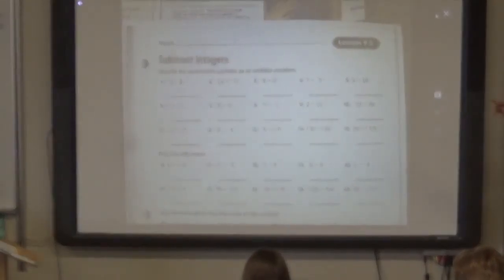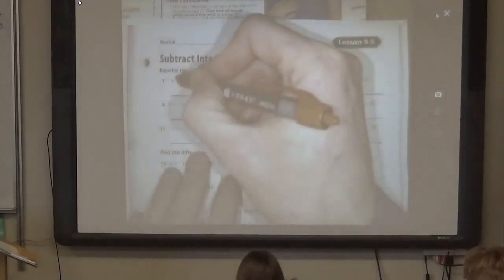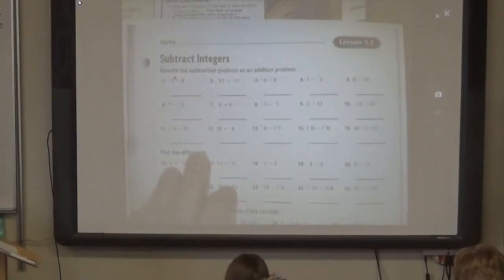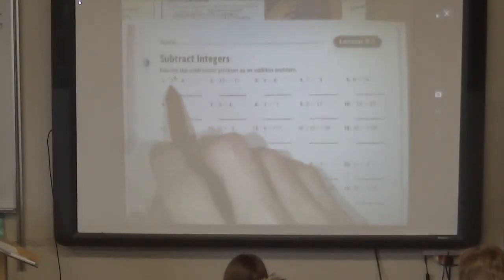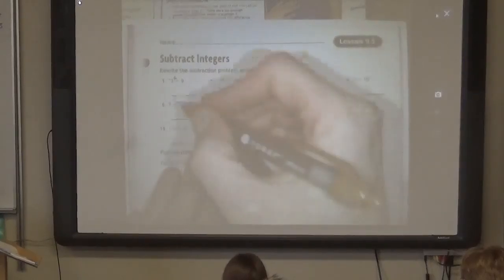It starts with -1 minus 9. Where should we put the plus sign, Brett? In between the 1 and the minus sign. Right. So we'll put a plus sign right here so that it reads -1 plus -9, and then write the answer on the line.